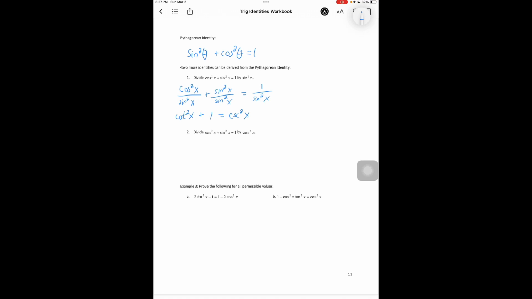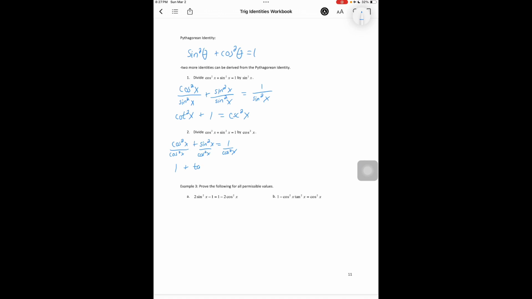So here we're going to do letter B. It's the same thing, but now we're going to divide by cos squared x. The first ones cancel.